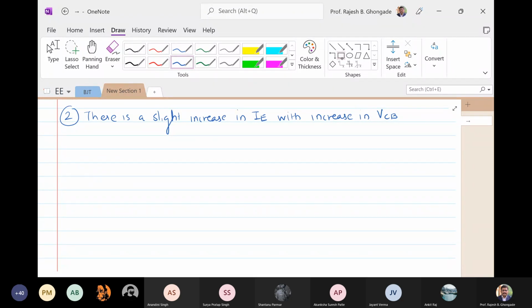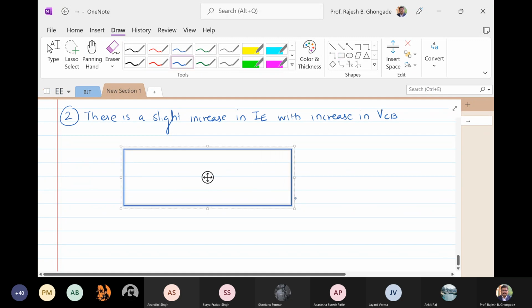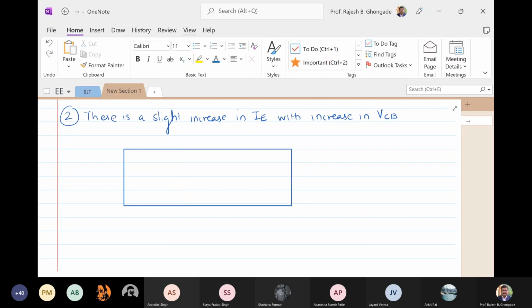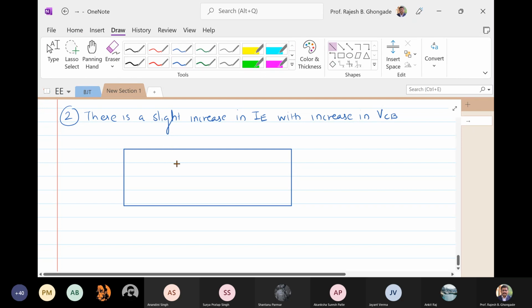So if I look at the base and the base emitter collector junctions, okay, I'll just use a free hand now. ये हो गया तुम्हारा एमिटर, ये बेस और ये कलेक्टर. सो VCB कहां पर है ये देख लेते पहले.